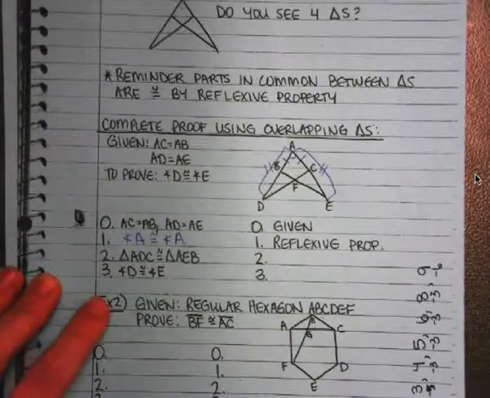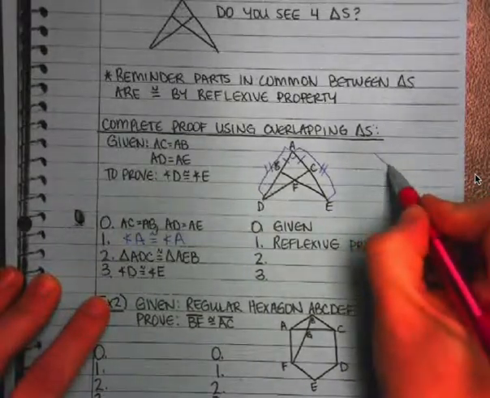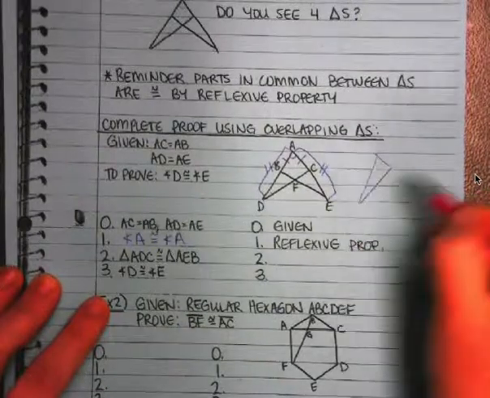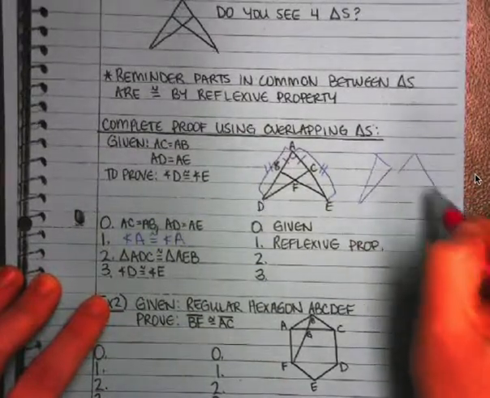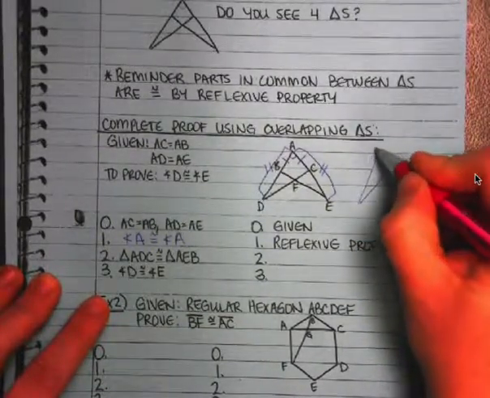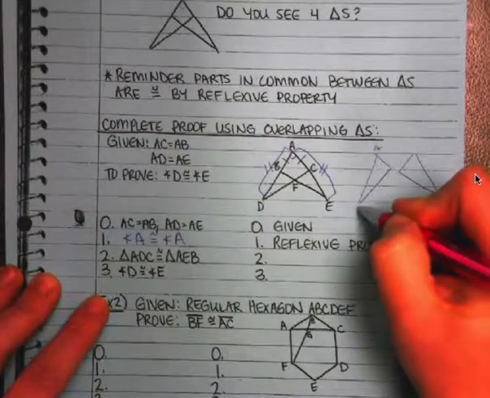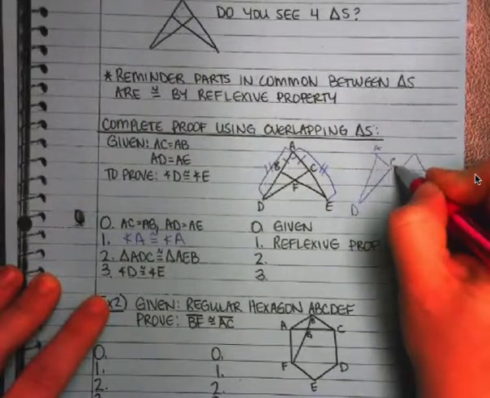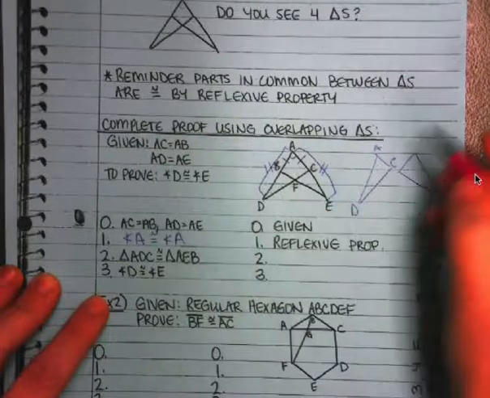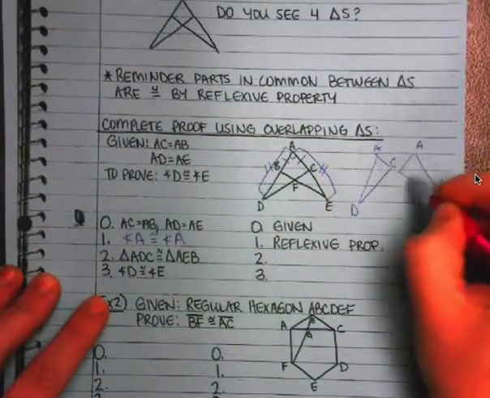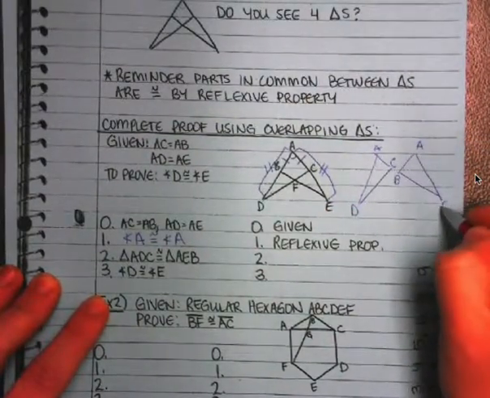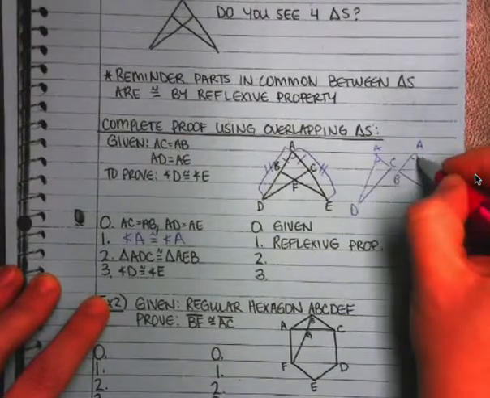I'm going to draw them separately over here, and that's sometimes a helpful thing to look at. So ADC, which would be this one, and ABE. Okay, I have these marked.